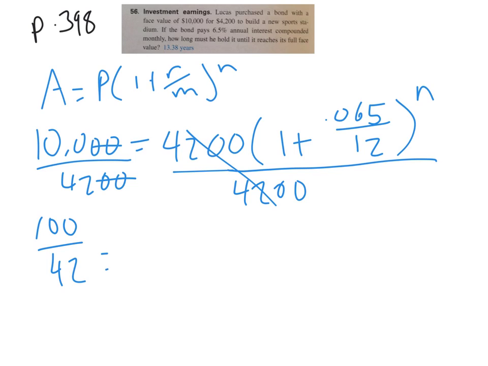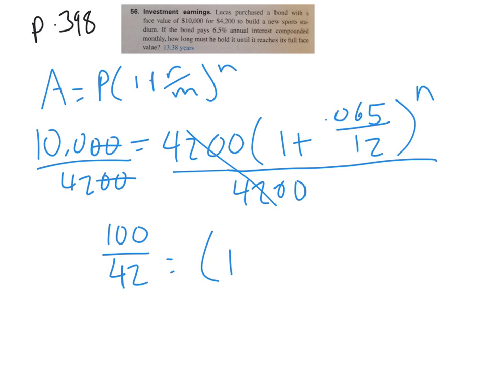And then over here, you're not going to get a nice number out of this, so let's just stick with what we have. Let me make some room real quick. Okay, so we have 100 over 42 equals some number raised to a variable power.